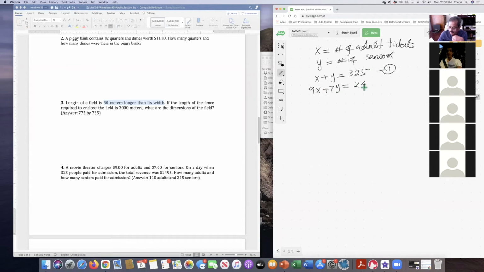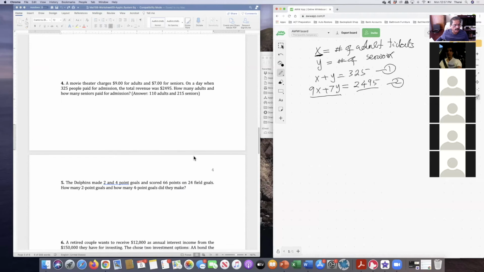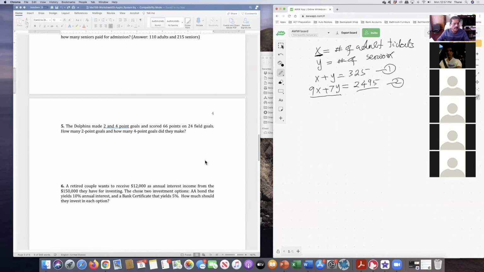Right, 9x plus 7y, because $9 is the price of adult tickets and X number of them were sold, so total money collected will be 9 times X. Total money collected from the senior tickets is 7 times Y. If you add them up, that's the total money collected, equal to $2,495. Okay, that's very good. Many of you are able to do them.